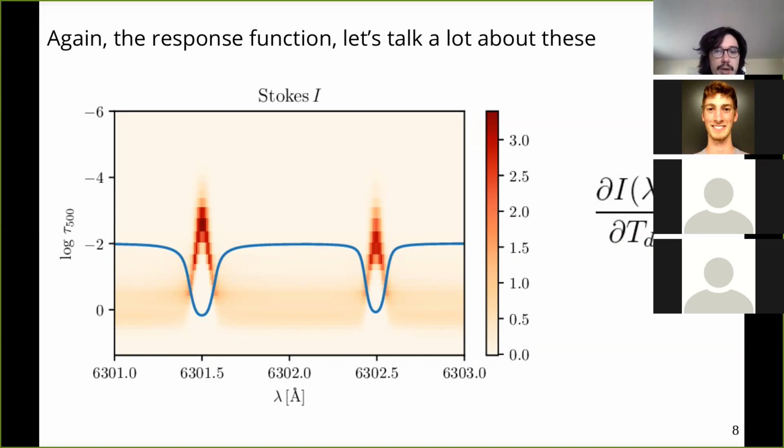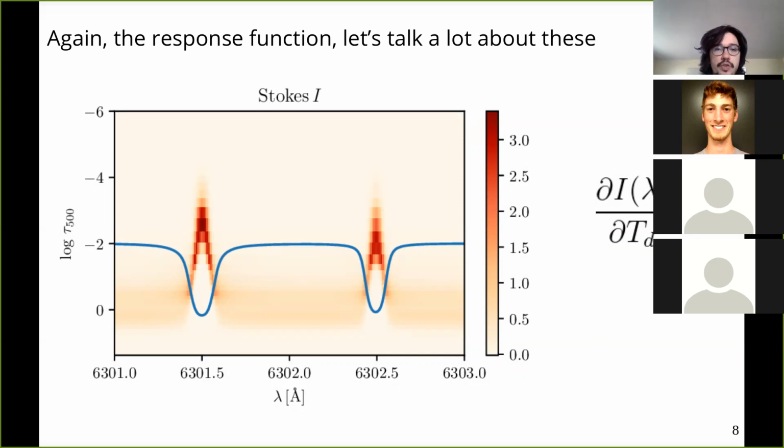But the real reason response functions are important is that they are really the partial derivatives of the outgoing intensity with respect to our model parameters. Thanks to these partial derivatives, we can do fitting; we can perform our inference.